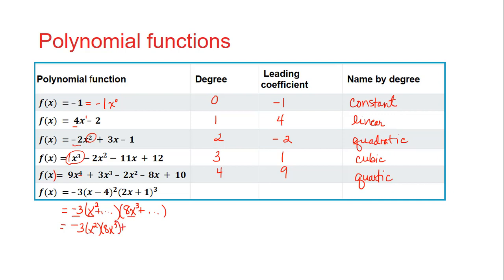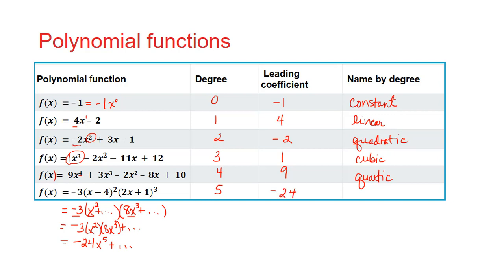Again, there would be a lot of other terms in this polynomial, but this is sufficient to tell us what the degree and leading coefficient are. So if we multiply these monomials, we get -24x to the 5, and again, other terms would follow. So the degree is 5, and the leading coefficient is -24.